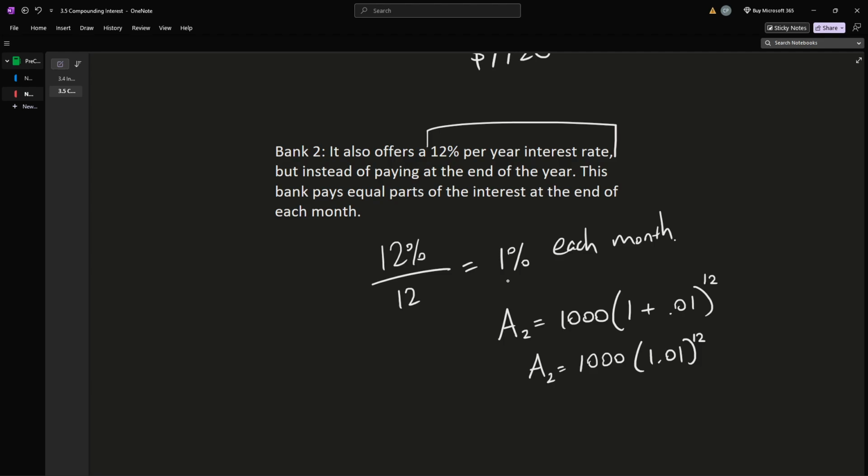Let me pause. Okay, so I found it. 1.01 to the 12th power is 1.1268. That times 1,000 gives me bank 2.